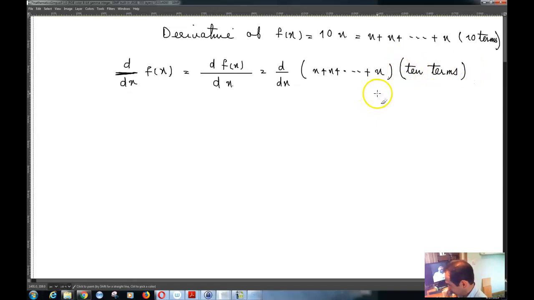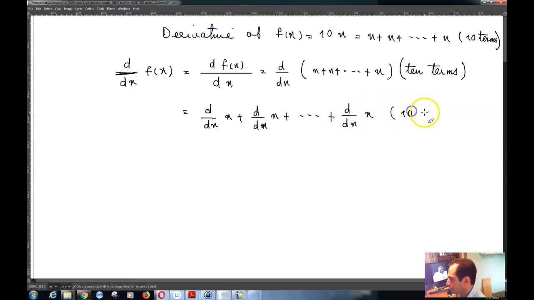And that is the same thing as d by dx of x plus d by dx of x plus all the way up to d by dx of x for 10 terms. And that is the same thing as basically 1 plus all the way up to 1 for 10 terms, which is equal to 10.